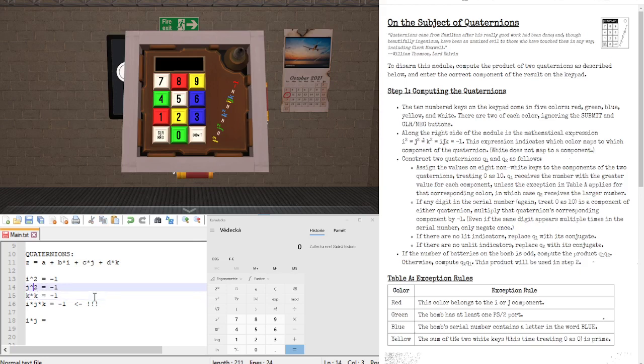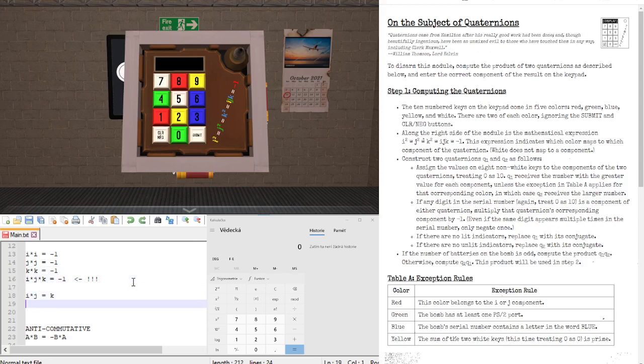So if we put i times j is k, then we have k times k, which is -1, which is okay. Therefore, for this all to be true, we need to have i times j is k. And this way, this is k, which is the equation above, which is okay.